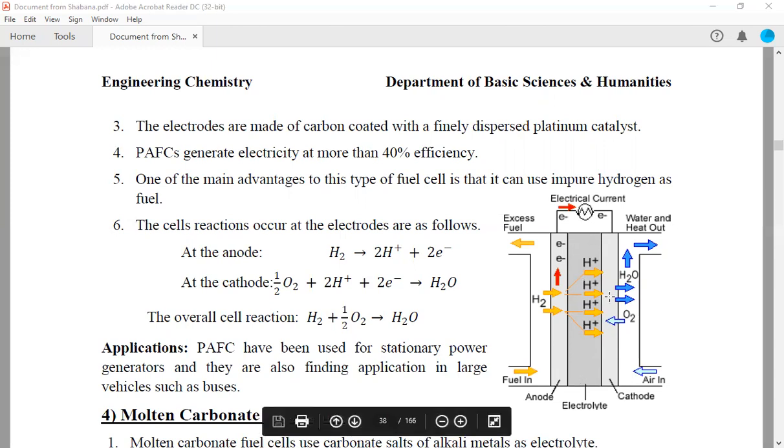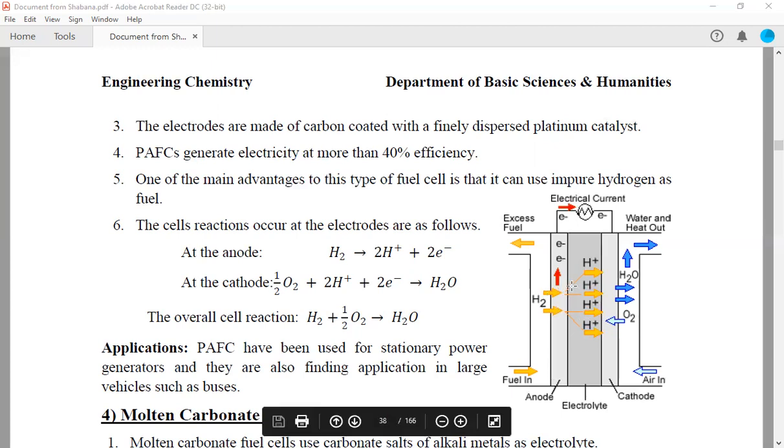The electrolyte, sandwiched between the anode and cathode, is phosphoric acid, and it generates the electricity in the fuel cell. It has more than 40% efficiency. One of the main advantages of this type of fuel cell is that it can use impure hydrogen as a fuel.